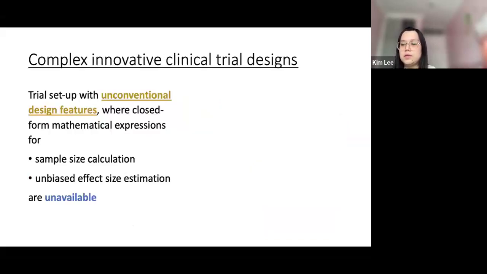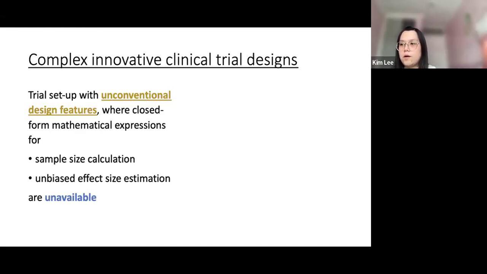I believe many of us here have heard of adaptive designs, platform trials, basket trials, and so on. The motivation of these complex, innovative designs may not be difficult to follow, but we know that their setup details and operating characteristics are not easy to establish. Why? Well, it is because of the attractive and unconventional design features considered in these designs.